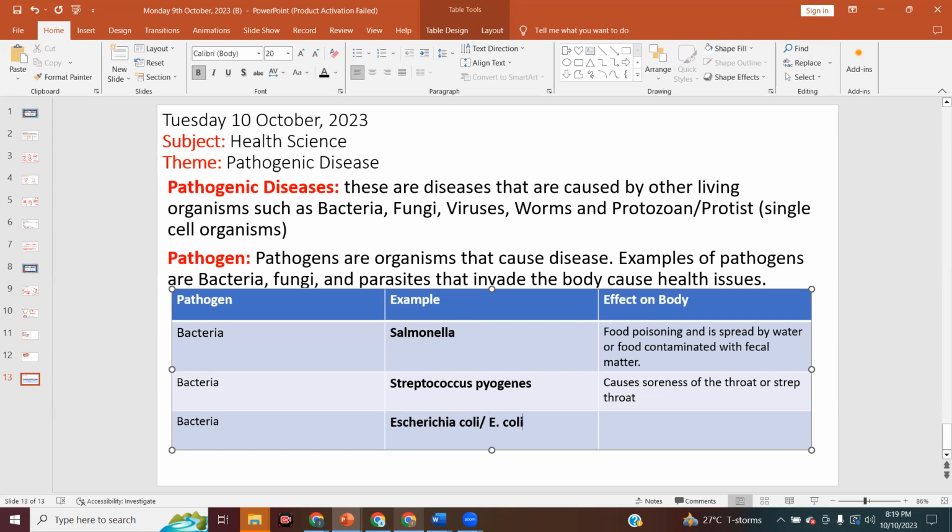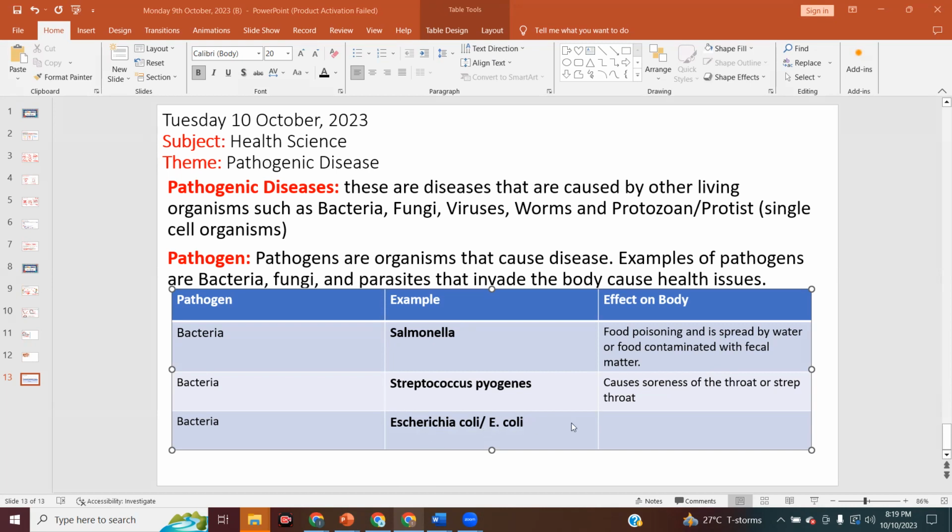Anyone else want to try? Okay, if you cannot pronounce the E word, just say E. coli. All right, that's the abbreviation for it, E. coli.